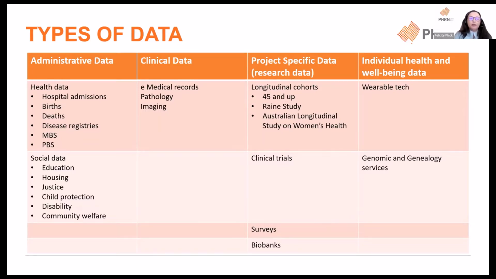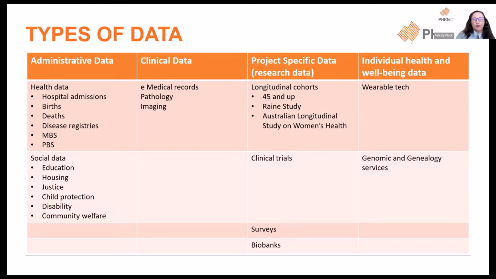The types of research data that we often link are things like longitudinal cohorts, and some of you might be familiar with some of the larger Australian cohort studies like the 45 and Up study, the RAIN study, or the Australian Longitudinal Study on Women's Health. There are many more, and I'm sure you can think of some other examples. Then there is clinical trials data, so people are recruited specifically into clinical trials, but then the trials might be interested in long-term follow-up of those participants.